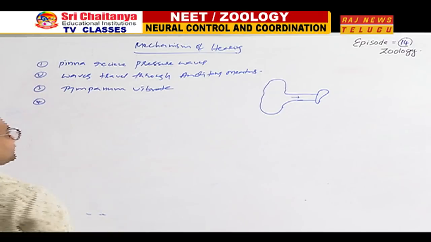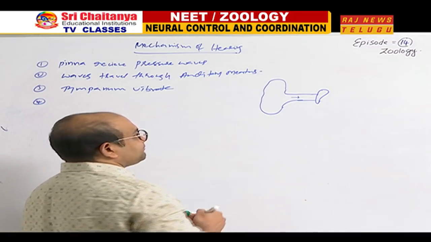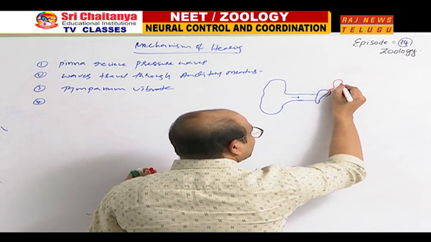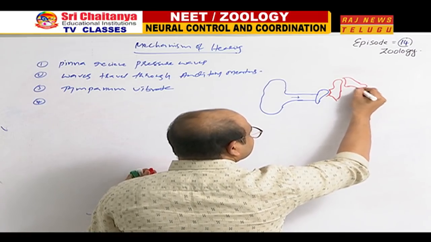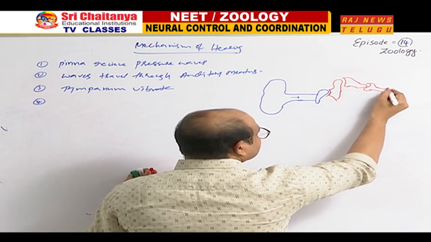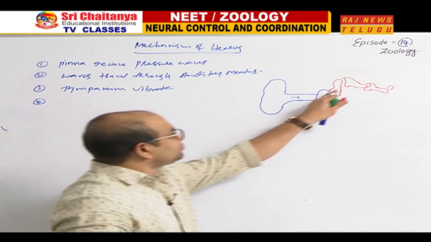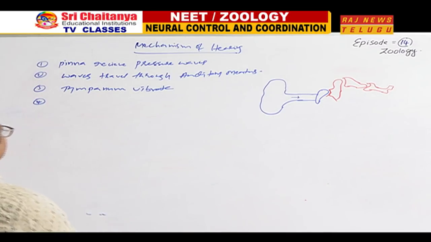The fourth point, when tympanum vibrates, those pressure waves from the tympanum are taken by malleus, malleus to incus, incus to stapes. While the pressure waves are passing through the malleus, incus, stapes, they will amplify the pressure waves.